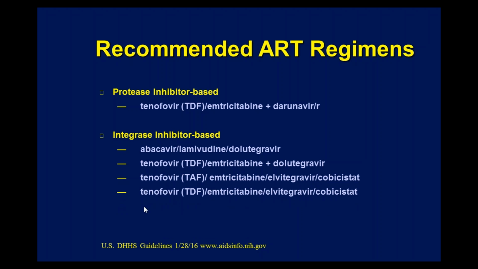And then there's an older version of that called Stribild, tenofovir, emtricitabine, dolutegravir, cobicistat, which is also available as a single tablet regimen. The 2 regimens that I would advise you studying up on, because you're going to use them the most, are this one: abacavir, lamivudine, dolutegravir, which is Tivicay, or tenofovir, TAF, emtricitabine, dolutegravir, and cobicistat, and that is called Genvoya.